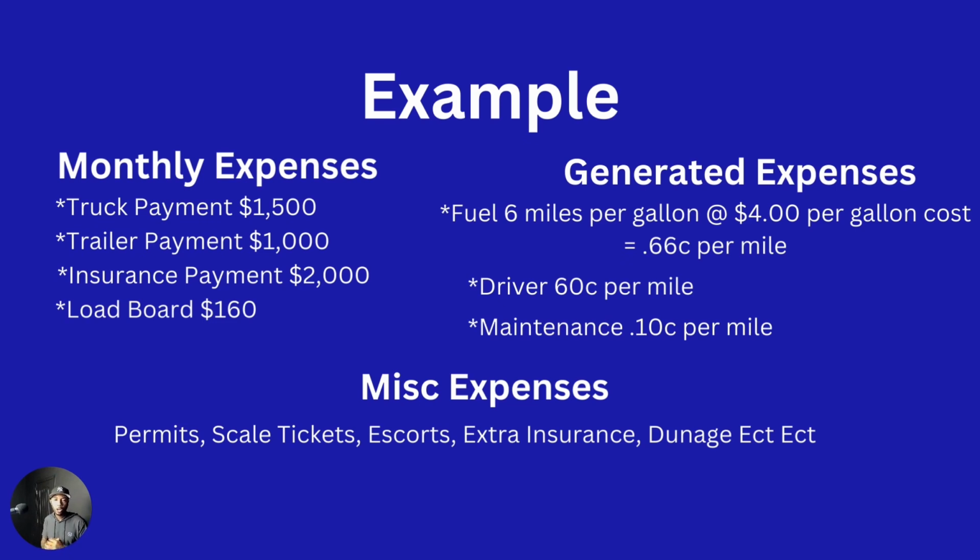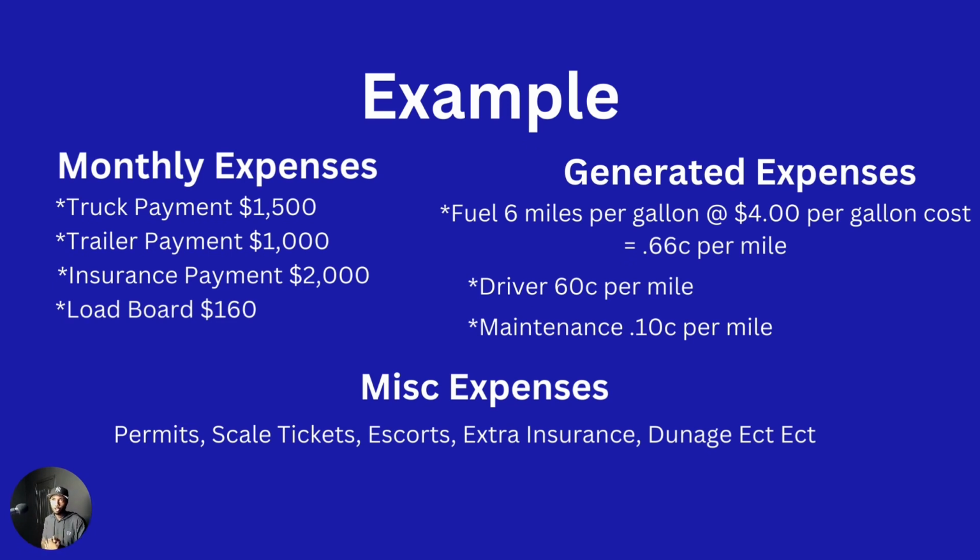Okay, so that's going to be your generated expenses, and then you've got your monthly expenses. Then you've got a lot of miscellaneous stuff like scale tickets, permits, escorts, extra insurance. For example, a lot of loads that we pull, or guys that we dispatch for, they pull, a lot of times they need what's called an insurance rider.